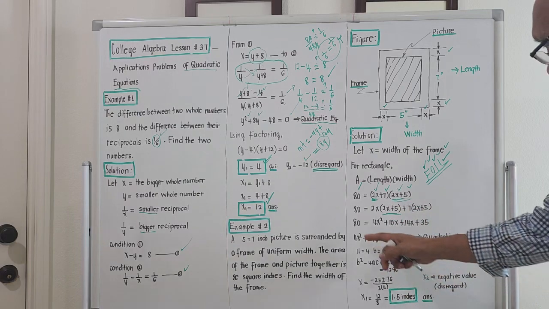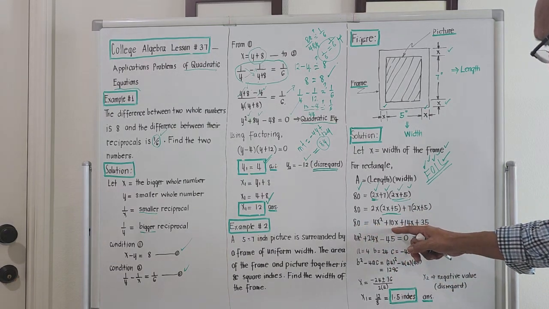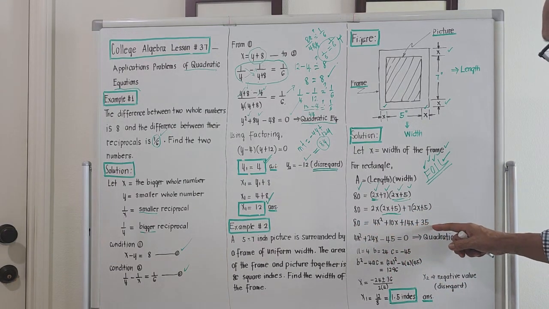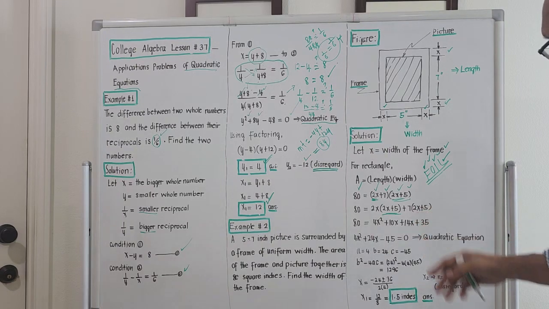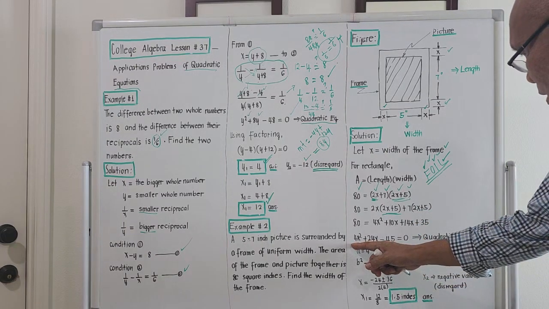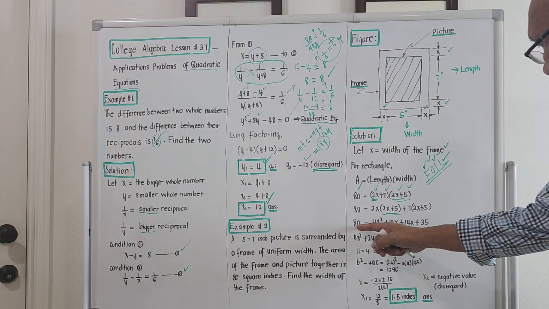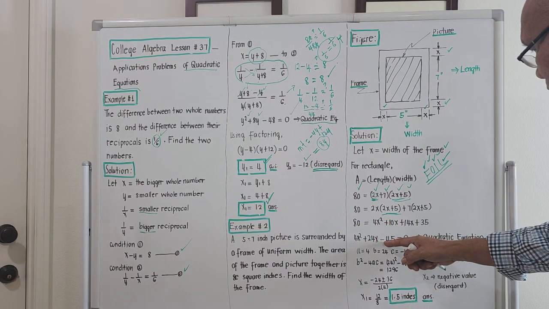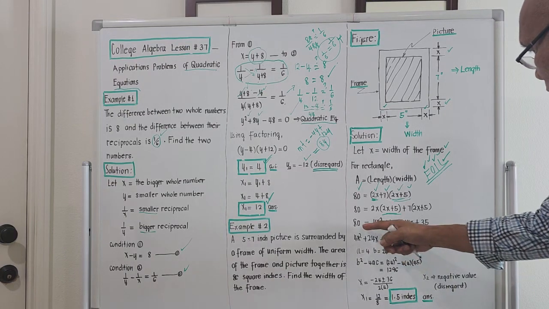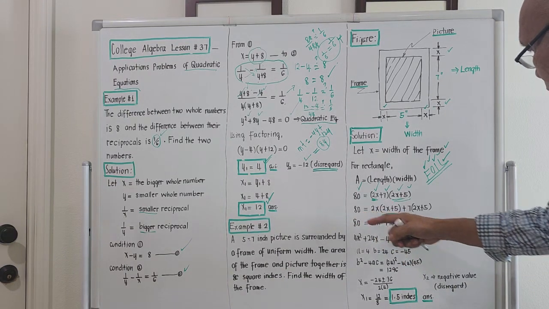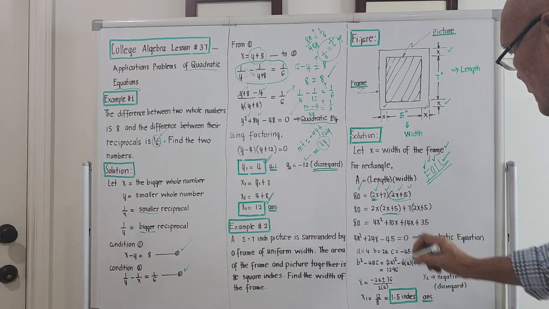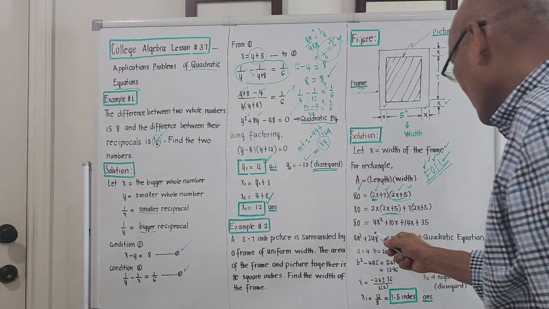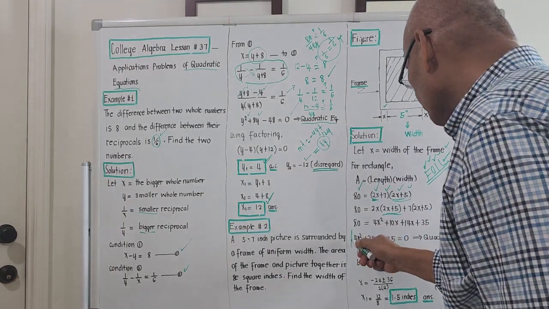So simplifying this one, 80 equals 4x squared plus 14x plus 35. Combining similar terms, 4x squared plus 24x, and 80 minus 35 will be negative 45, because we transpose this one, it becomes negative. So after the transposition, what comes out is a quadratic equation.